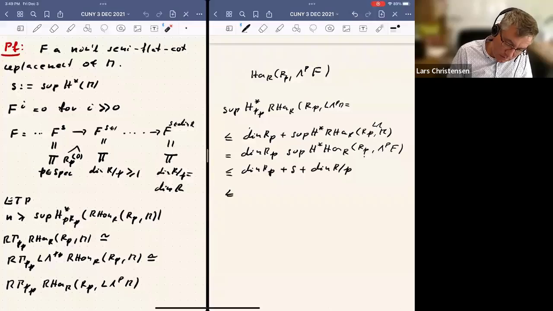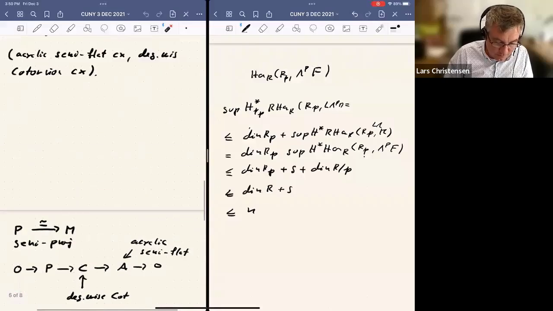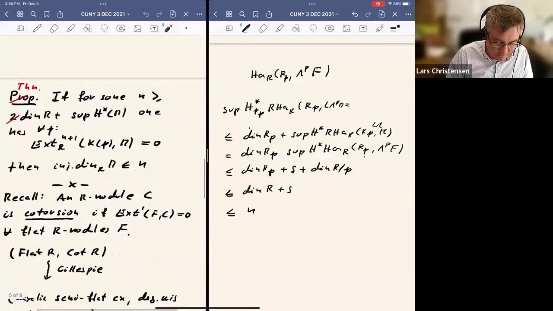And now the dimension of R mod P plus the dimension of R localized at P is together at most the dimension of R plus S. And this was less than or equal to N in the statement of my theorem.